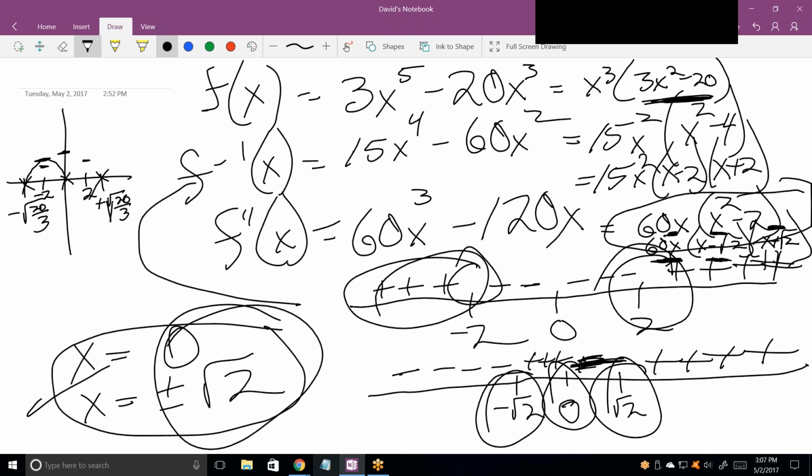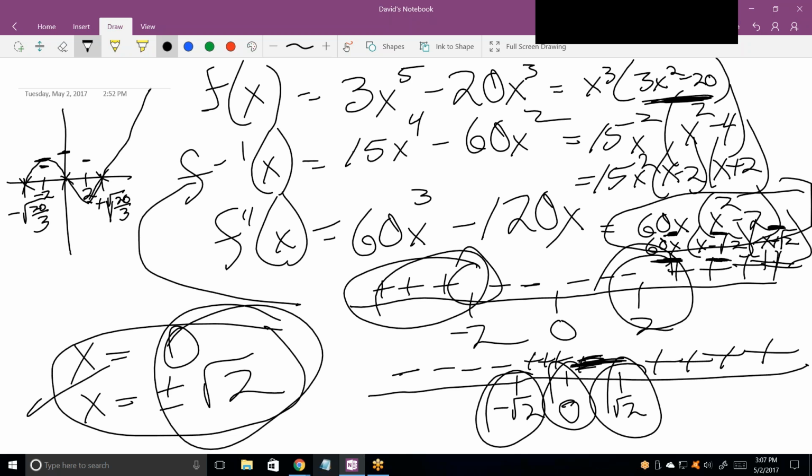Now, from 0 to 2, the first derivative is negative, meaning the original function has to be decreasing. I also know that at 2, it's 0. And then from 2 to infinity, it's increasing.